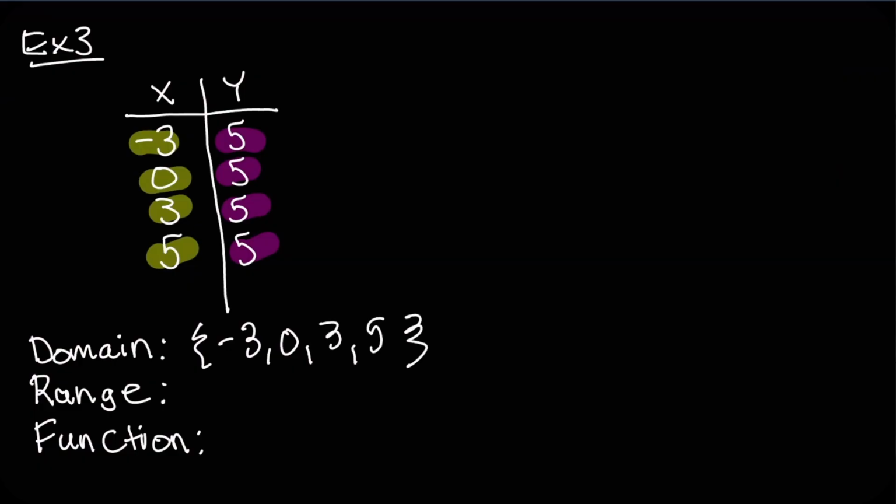And then what's your range? Your range is only going to be 5. Now this might be a little bit tricky for the function, but notice how each of the individual x values are mapping to a 5, but we don't have one of the x values mapping to two different y's. So in this case, this is going to be a function.